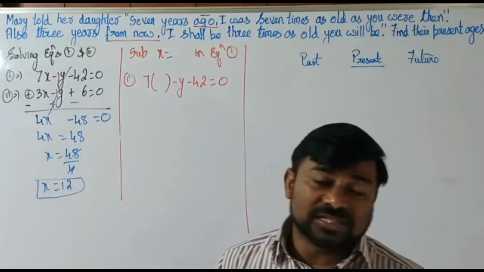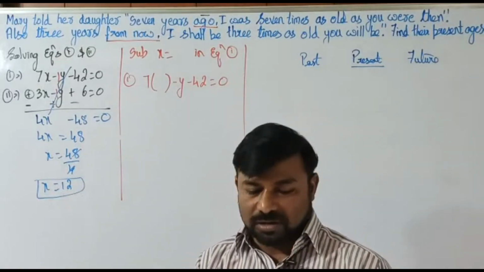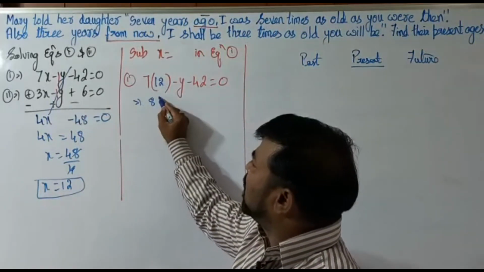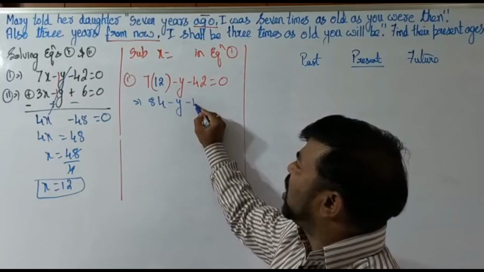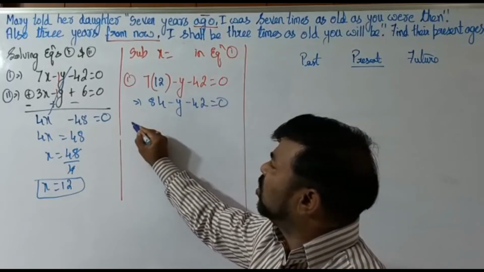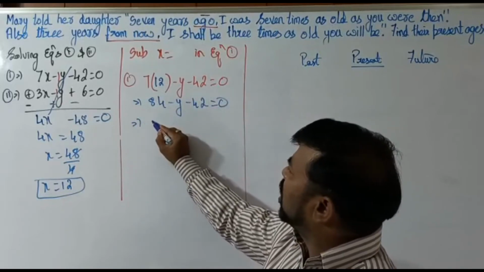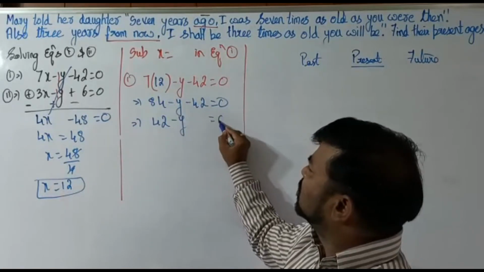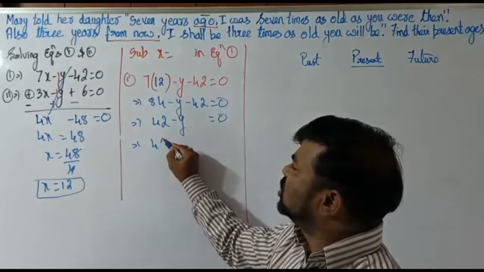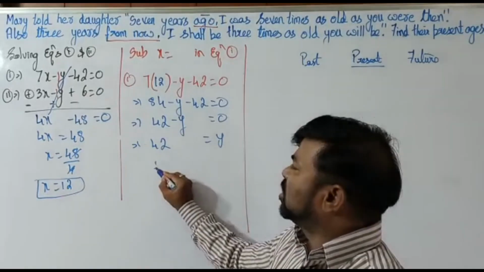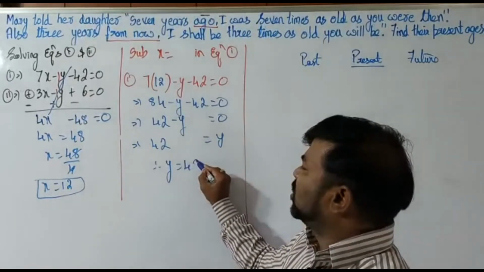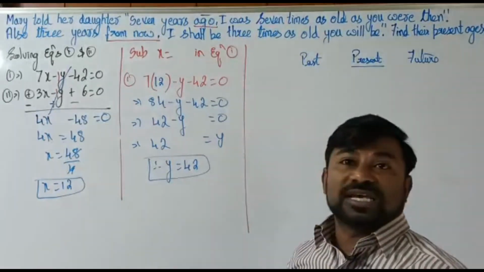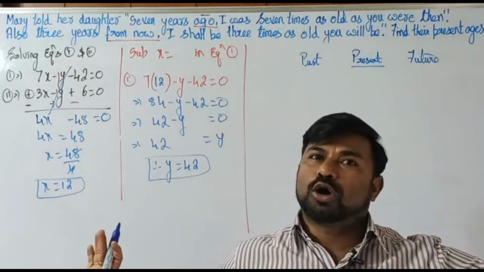Getting the value of x is not important, but verifying matters a lot. Now, if you substitute the same value here, it's 84 minus y minus 42 equals 0, which implies 42 minus y equals 0, which implies 42 equals y. Therefore, y equals 42. Daughter's age is 12, mother's age is 42, but I'm not sure.